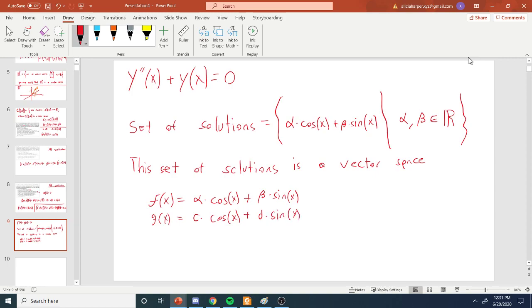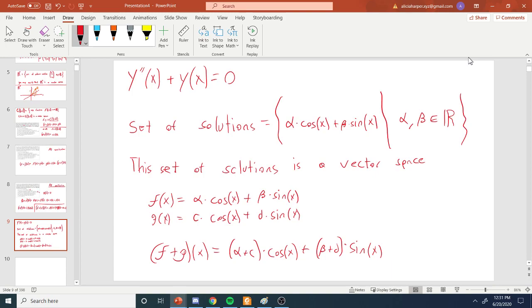These are both solutions to this ODE, but if you add them together, then their sum is the same as alpha plus c times cosine of x plus beta plus d times sine of x. And so this is also a function of this form.